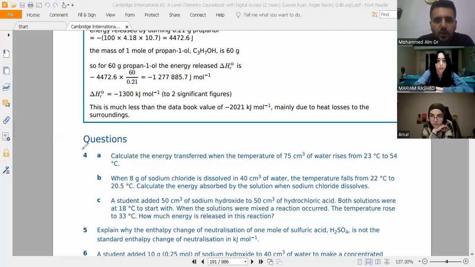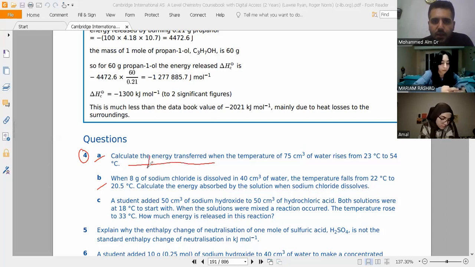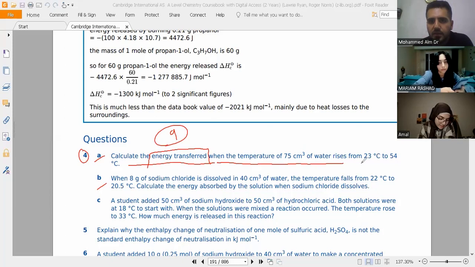Guys, now take a look at question 4A and B. In question 4A, calculate the energy transferred. What do we mean by energy transferred? We mean Q, when the temperature of 75 centimeter cubed rises from this to this.